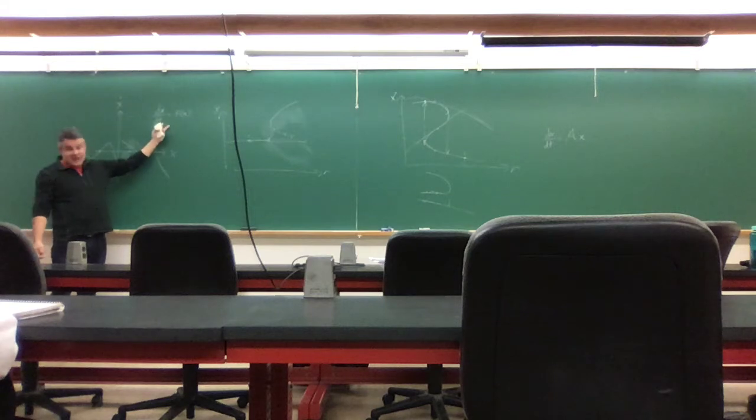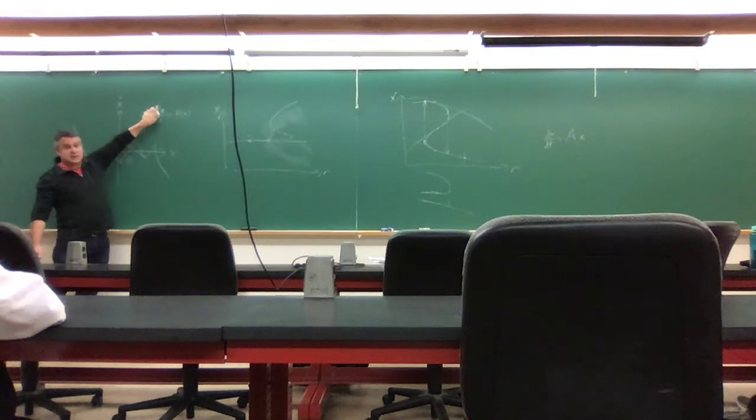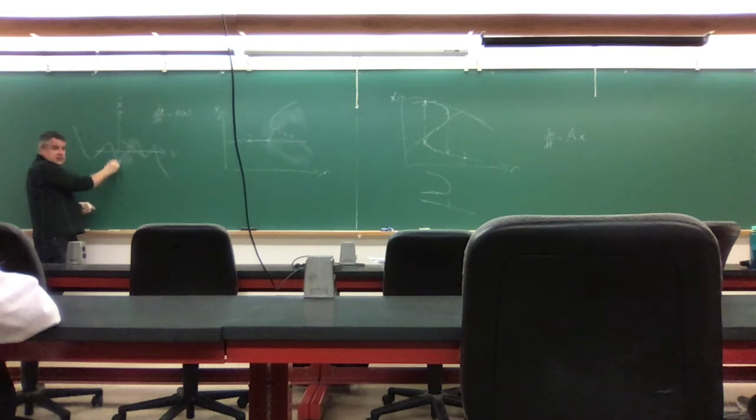So if I were to give you one of these, I would expect you to be able to draw this graph. Think about setting this to 0. Think about the steady states. Think about whether they're stable or unstable. It just depends on the slope as it cuts across, because if you imagine a little perturbation in either direction, does it run away? So is this one stable or unstable?